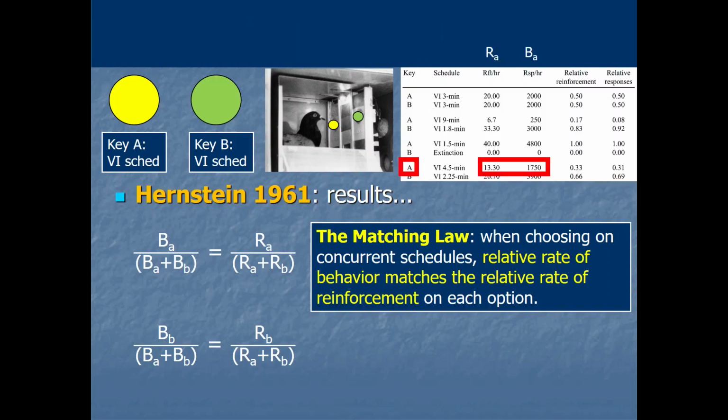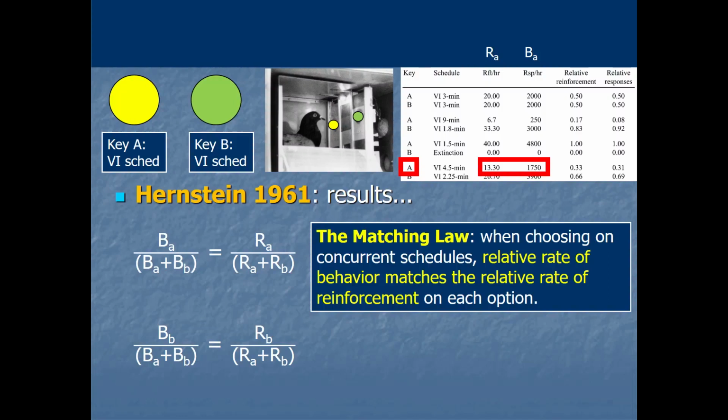It's pretty similar. You can actually check the math yourself for any of these. You might go through and practice, but check the math yourself by plugging the raw data into that matching law equation. So in that bottom experiment, for example, we've got R sub A and B sub A highlighted here, meaning the amount of reinforcement and the amount of behavior that happened on choice A, on option A, the yellow key.